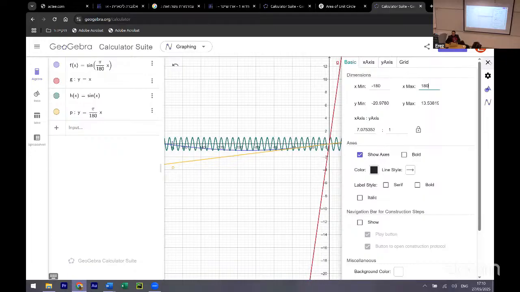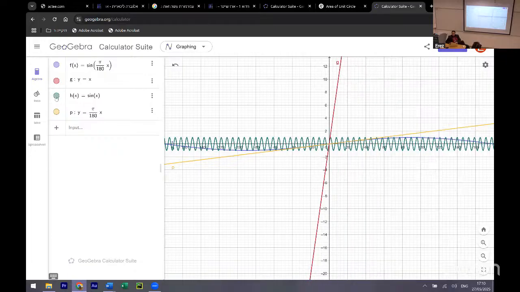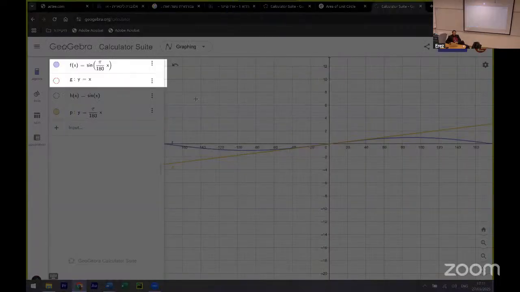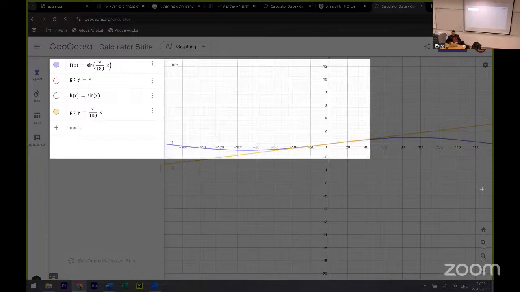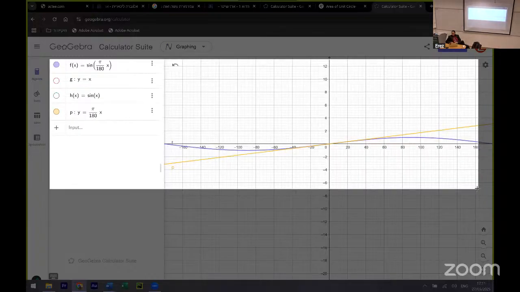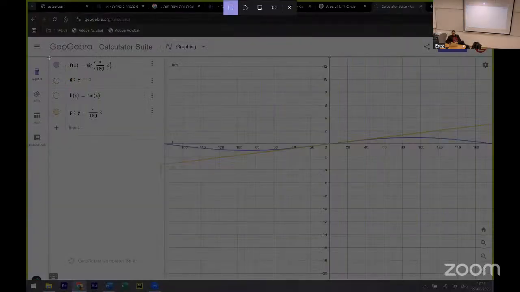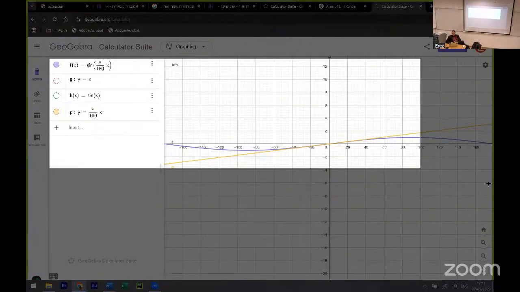And here you see the sine in degrees, and the actual tangent line to it, which is pi over 180 x. And you would not have guessed it. I use the fact that you won't guess it to understand just how much radians are important.